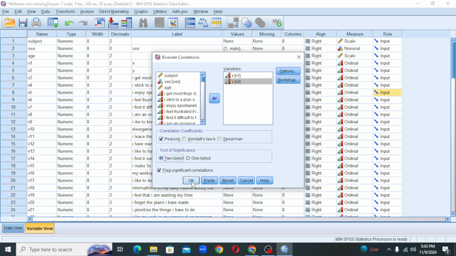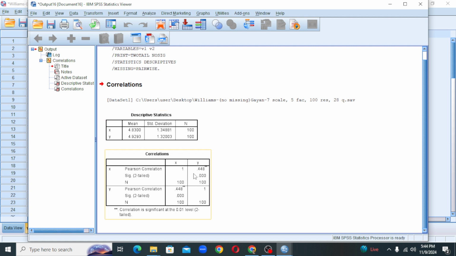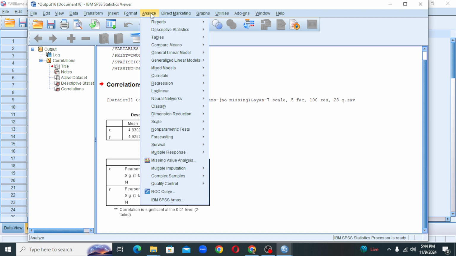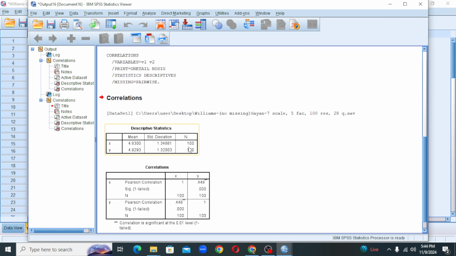and it does not indicate whether it is a positive or negative relationship. So select two-tailed and OK, and you will be getting the Pearson correlation, and that is 0.448, and this is significant even at the 1% level. If you run the analysis again using Analyze, Correlate, Bivariate, and select one-tailed, this indicates significance, and this is a positive relationship.